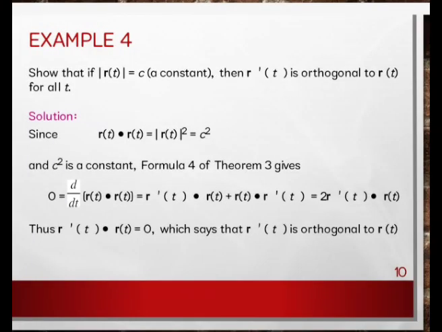We have an example 4 here. Show that if the absolute value of r(t) is equal to c, which is a constant, then r prime (t) is orthogonal to r(t) for all t.